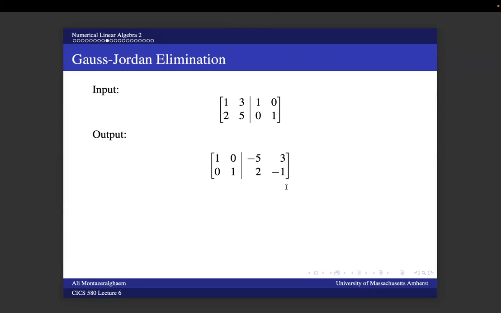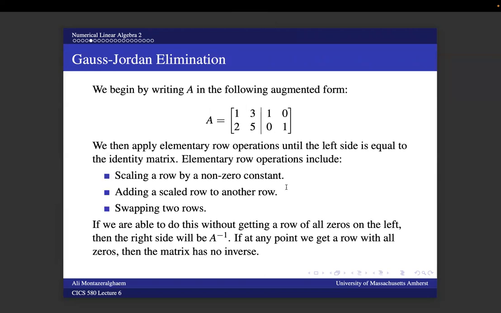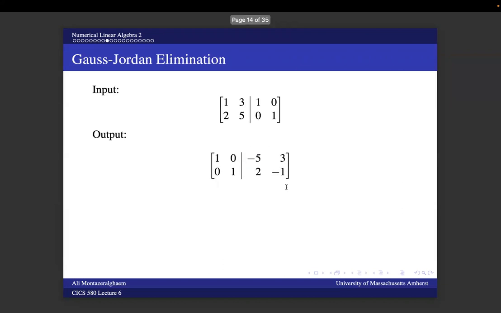Here in this algorithm, I just showed how we can compute the inverse of a 2 by 2 matrix by the Gauss-Jordan elimination algorithm. In this algorithm, the input is the original matrix concatenated with an identity matrix.